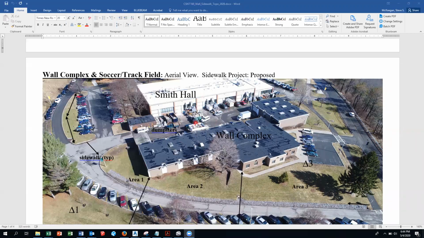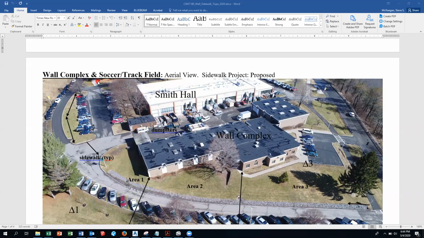I'll stop. So the wall complex is the maintenance facility, if you will. The offices for the folks who run the maintenance. And you probably notice that here's the sidewalk that basically ends.